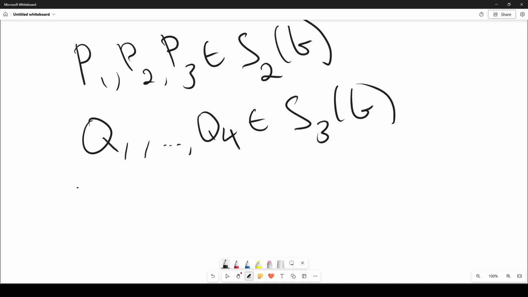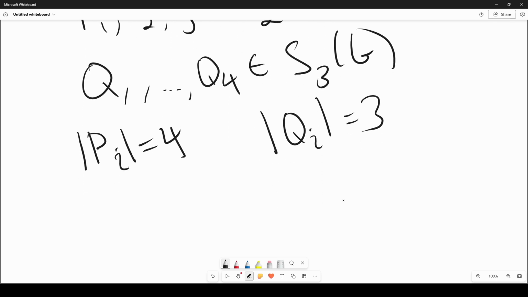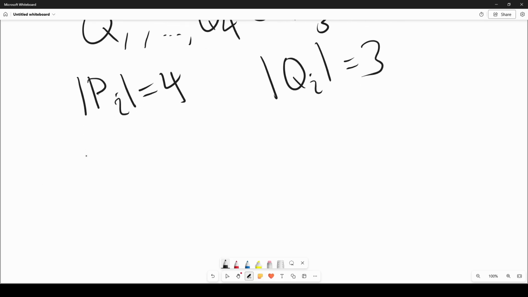I get that the order of each pi is 4, 2 squared, and the order of each qi is 3. What you should notice is that qi, since it has order 3, is prime order, so it has to be cyclic.